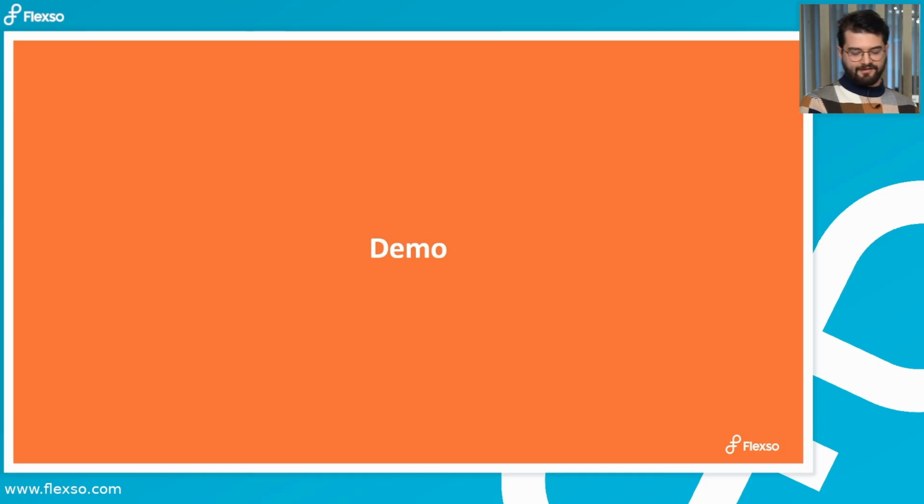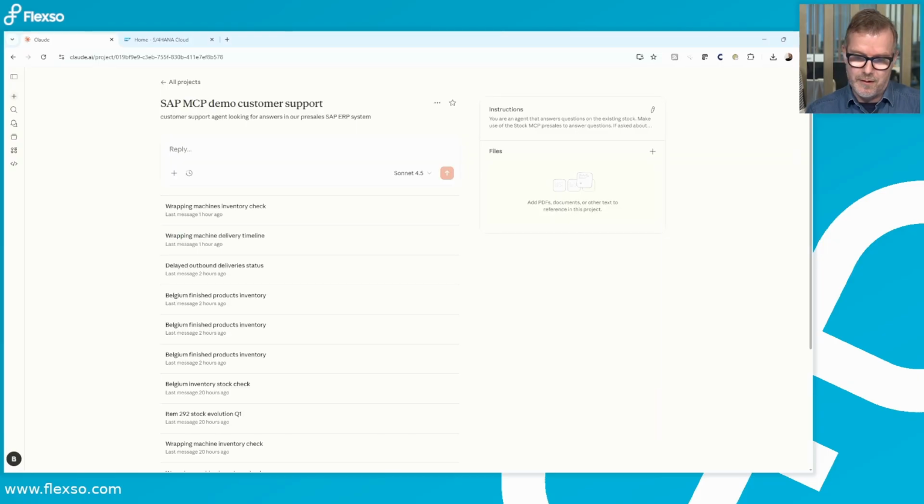So let's transfer to our demo environment. Yes, there we go. Here we are. So we'll be showing the demo in Cloud, but again, it doesn't matter, right? With the MCP server. Basically, our AI is connected to the MCP server that is created.